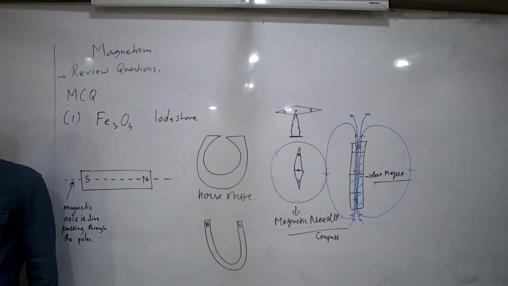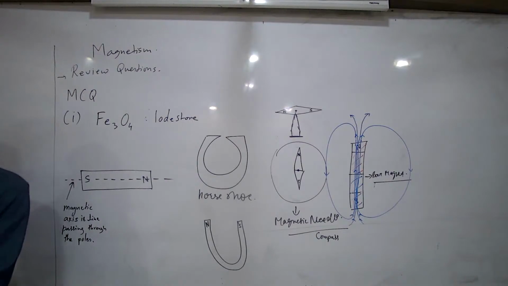So what is induction? The development of the opposite pole. If this was north, it will develop south. If it was south, it will develop north. In both cases it is going to attract only, because this is not a permanent magnet; it is an induced magnet. Depending upon which pole of the permanent magnet this rod is facing, the opposite pole will be developed here. That is called magnetic induction or induced magnetism.